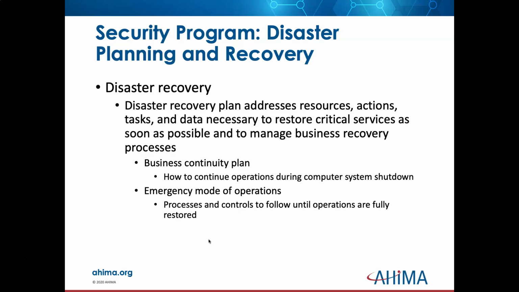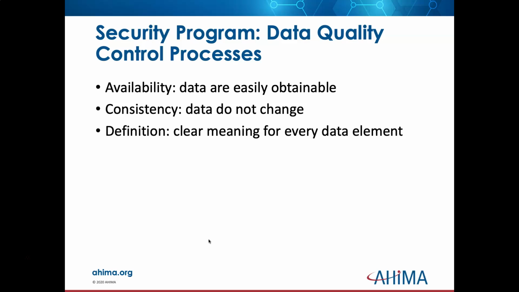So how are you going to continue to operate during and after the disaster, and what are you going to do in terms of emergency processes and controls? Then with data quality control processes, it goes back to that availability. Is the data available to who needs it, when they need it, how they need it? Is there consistency? Is there a standard?